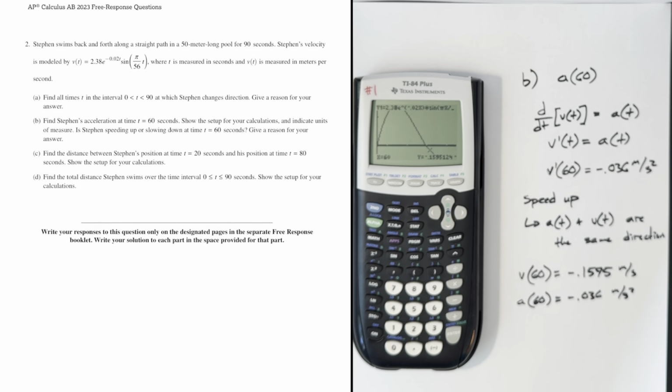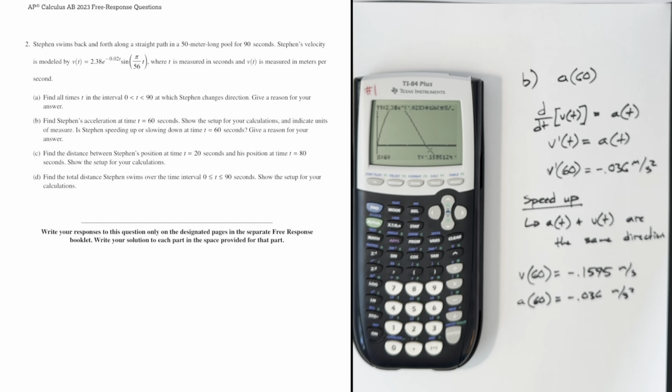So now we're in a fantastic spot, and we look at both of these, and we see that they are both negative. So because both of these are negative, Stephen is speeding up because velocity and acceleration have the same sign. So that is all we got for this one for part B.